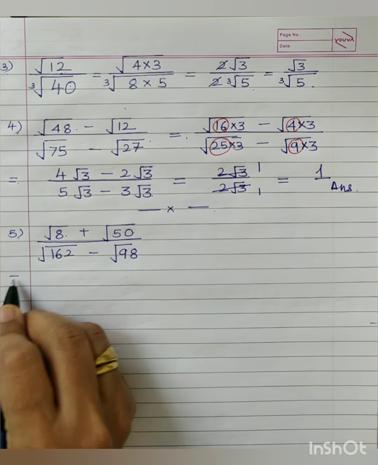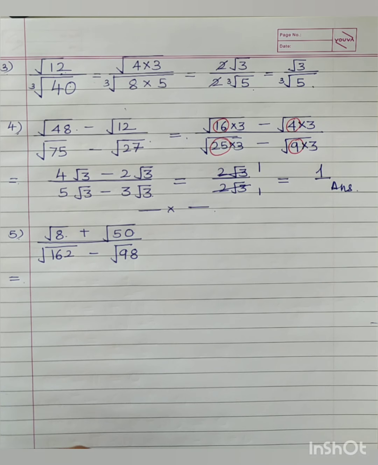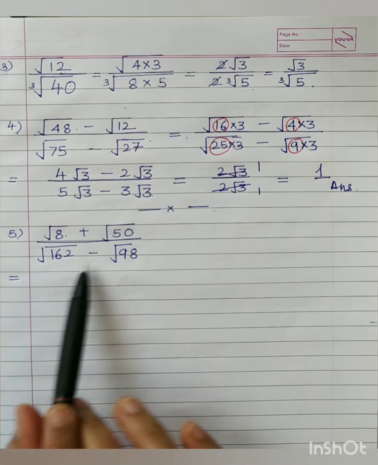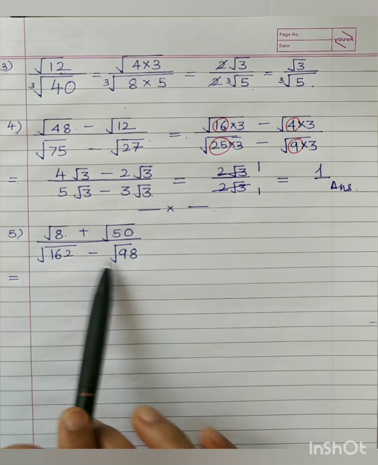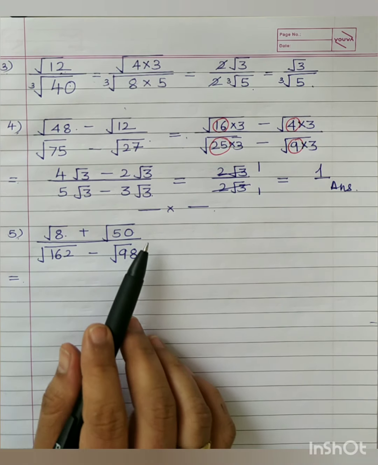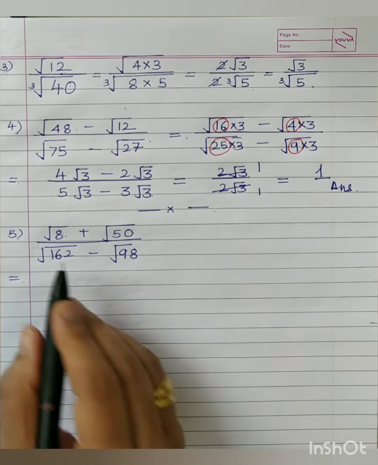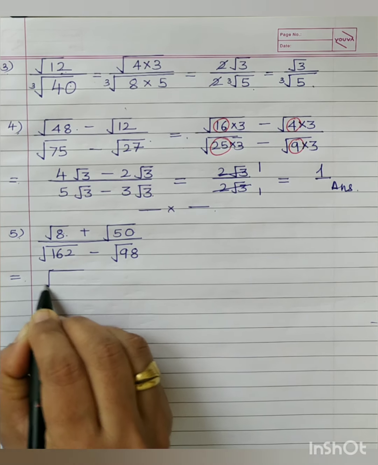Now I will give you all the steps. Many times it happens that for simple numbers children find it very easy, but if the numbers are a little bigger, they simply give up. So what is the way for that? That we shall see.